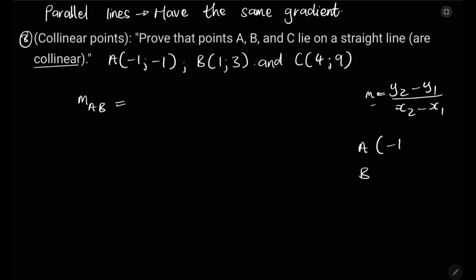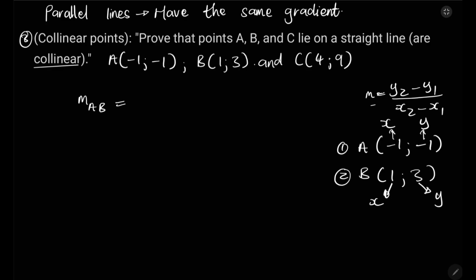For A, we have -1 and -1, and for B, we have 1 and 3. This is point 1, and that is point 2. That -1 is your x, that -1 is your y. That 1 is your x, and that 3 is your y. So that'll be x1, y1, x2, y2.